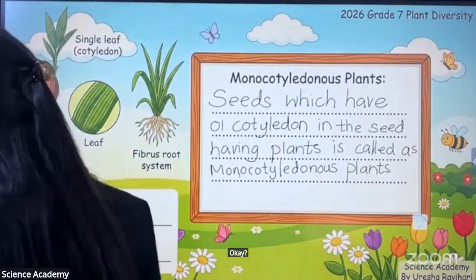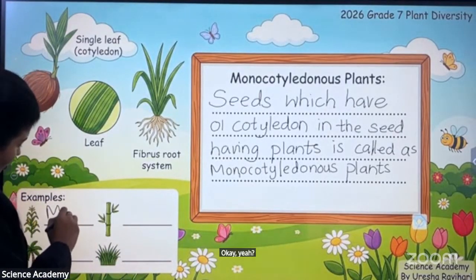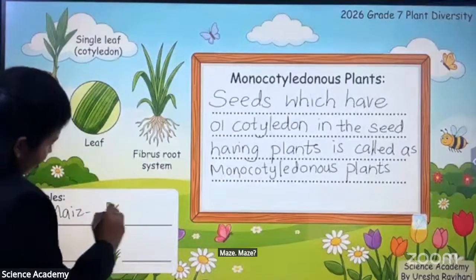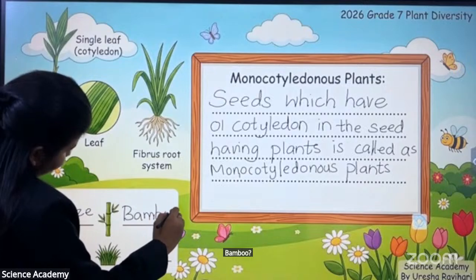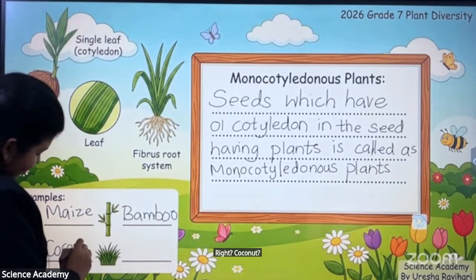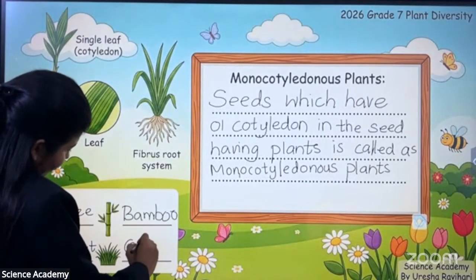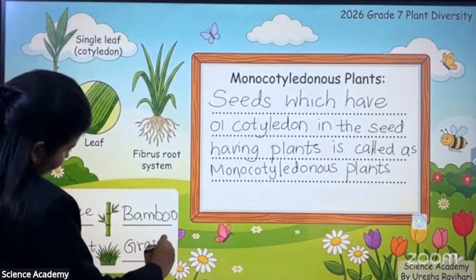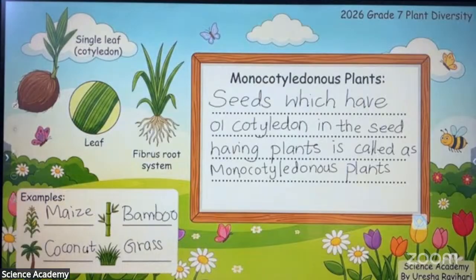Examples you can write down. Here: maize, bamboo, coconut. Done, teacher.